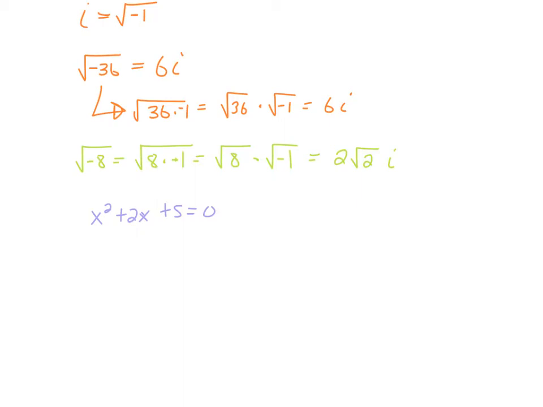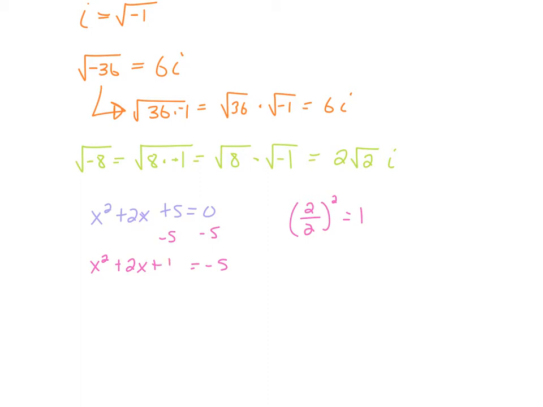So now I am down to either completing the square or using the quadratic formula. Since I think a little extra practice on completing the square is good, we're going to use that method here. The first thing I need to do is move this c value to the other side. So I have x squared plus 2x equals -5. Now I want to take my b, which is 2, take half of it, so divide it by 2, and then square it. 2 divided by 2 is 1, and 1 squared equals 1.